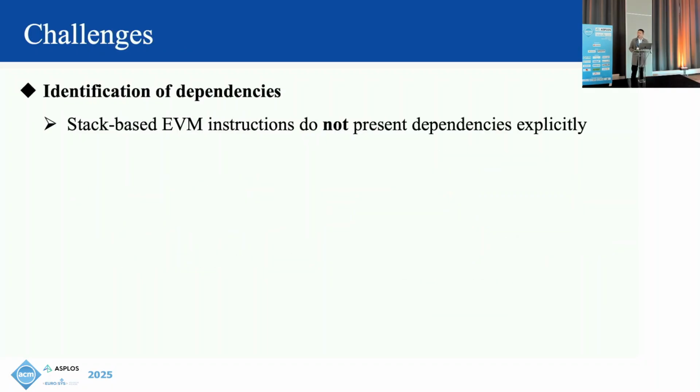And of course, enabling such operation-level re-execution is not trivial and poses several technical challenges. The first, the EVM is a stack-based virtual machine, and the instructions do not explicitly reveal data dependencies, making it hard to identify which instructions depend on which operations.